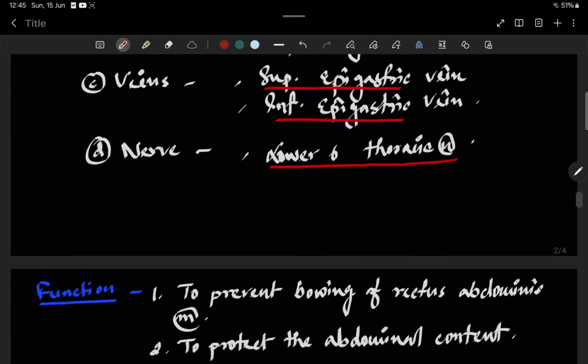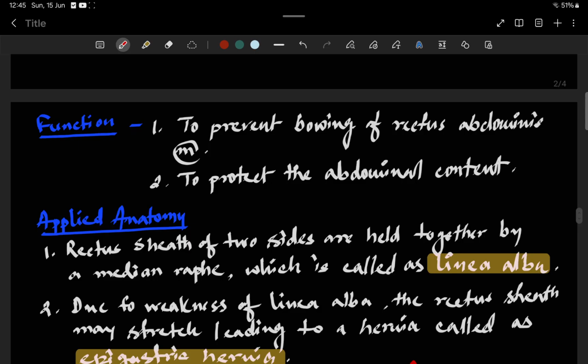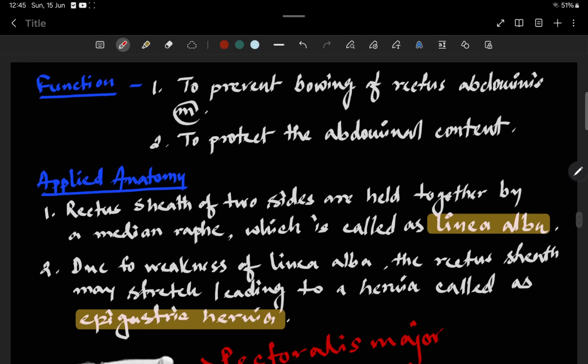Okay. The functions are to prevent bowing, or you can say टेढ़ा हो जाना, bowing of the rectus abdominis muscle, and second is to protect the abdominal content. Okay, this is the function of the rectus sheath.